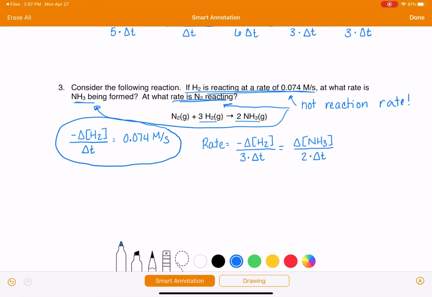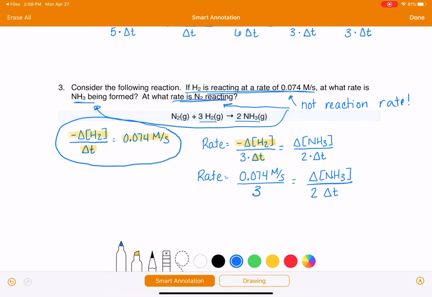We take negative delta [H2] over delta t, which is equal to 0.074, and plug in 0.074 molarity per second over 3. That is equal to delta [NH3] over 2 delta t.